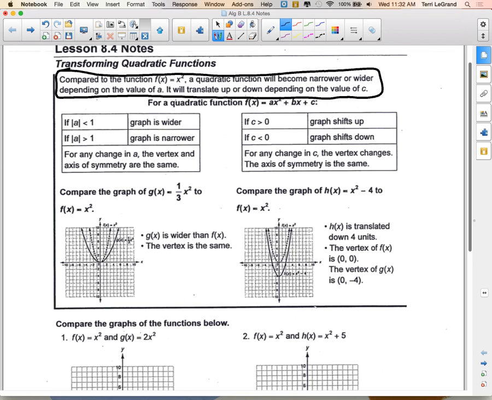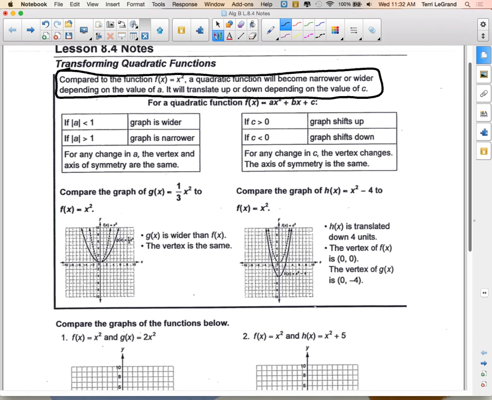The value of a. And we're actually going to also say the absolute value of a, because remember the negative sign or the positive sign, what part does that control? Whether it opens up or opens down. If it's a positive a, we know it opens up. If it's a negative a, we know it opens down.